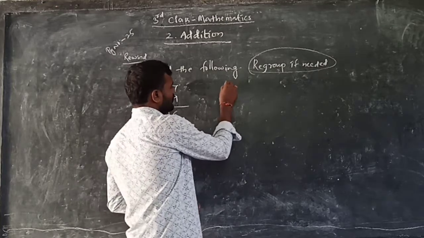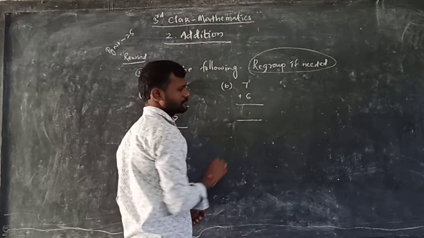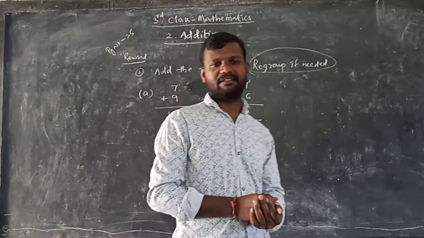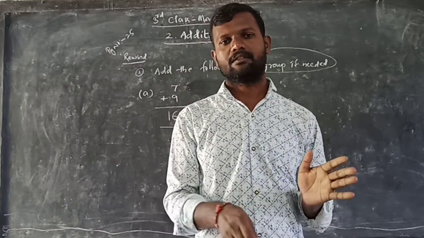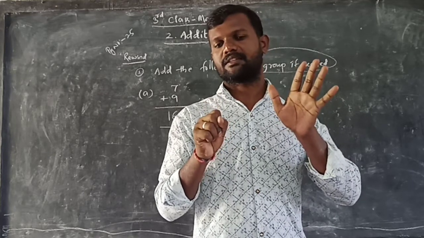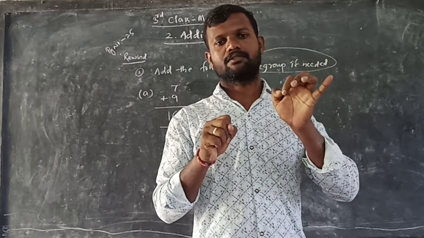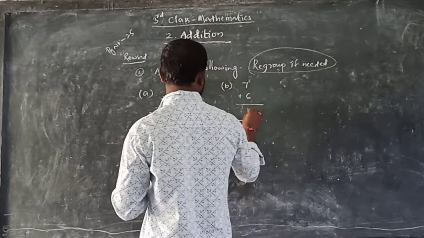Next, B. What is B? 7 plus 6. What is the value of 7 plus 6? 7, and 6 more we have to add. So 7, 8, 9, 10, 11, 12, 13. So 7 plus 6 is 13.